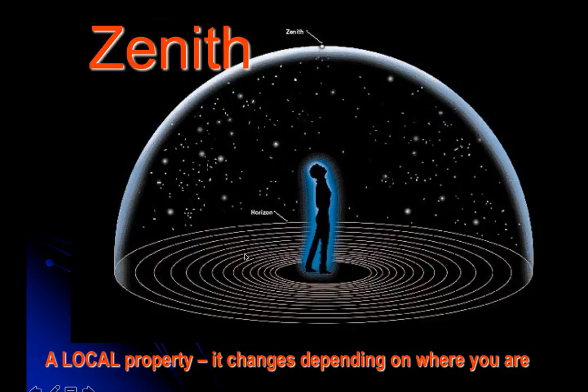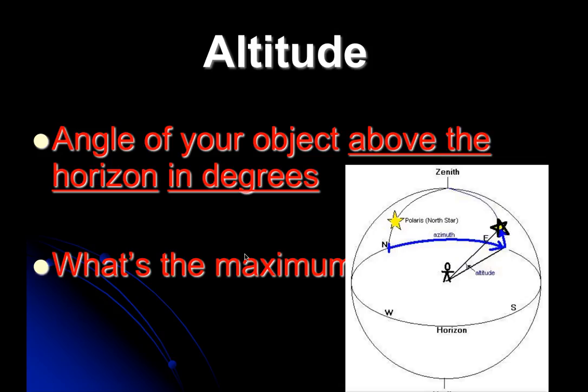It goes with you. Azimuth and elevation are local properties. So if you point to something in the night sky and say it's there, you want to be a little bit more specific, and so you want to give somebody azimuth and elevation. You'll be able to describe to somebody in your close proximity where you are looking.